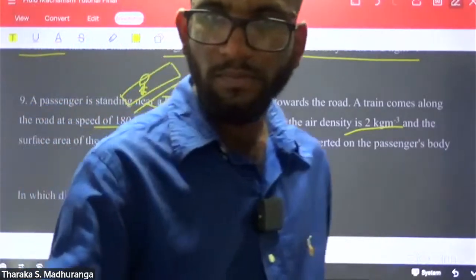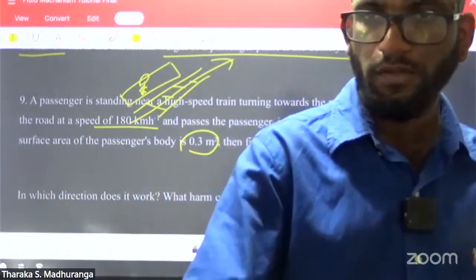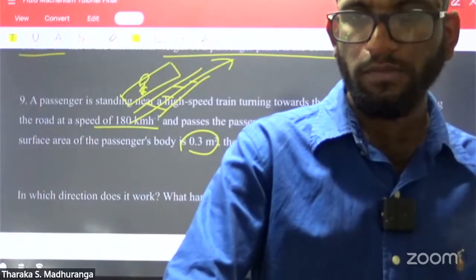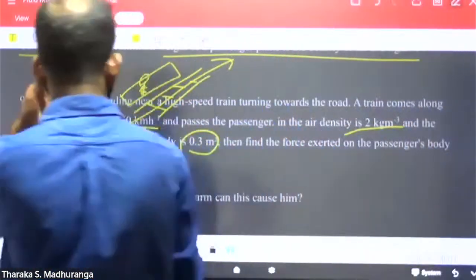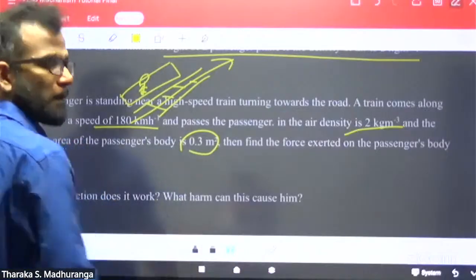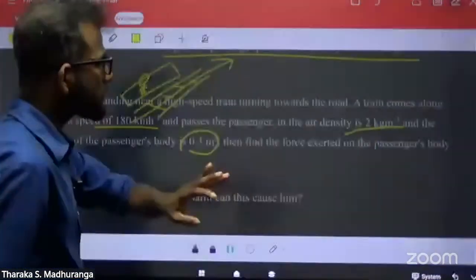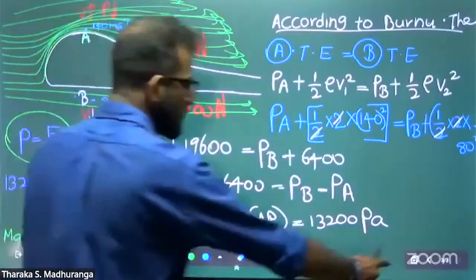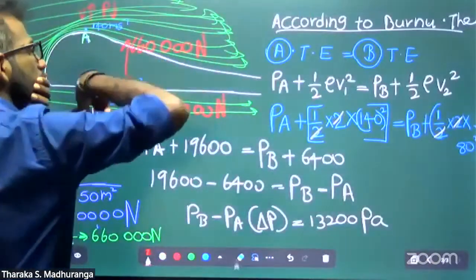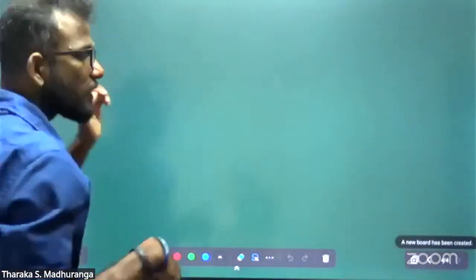Finish. Yes, very good. What's the value? Yeah, a large force acts, a huge force acting, no? More than 700.